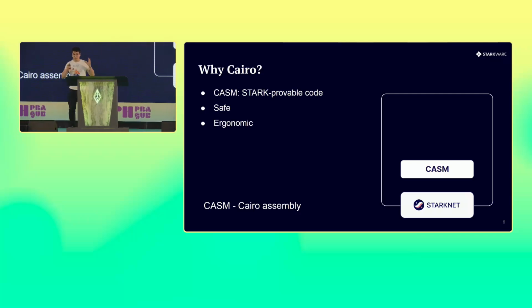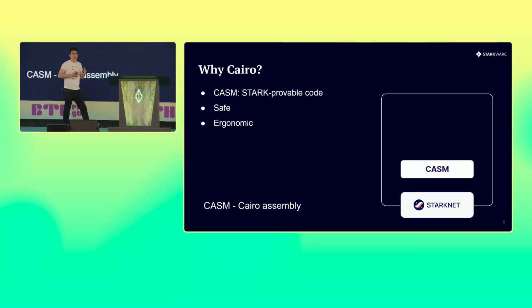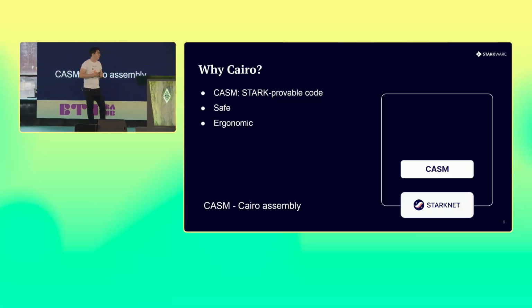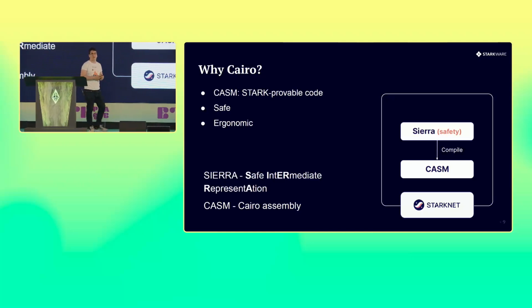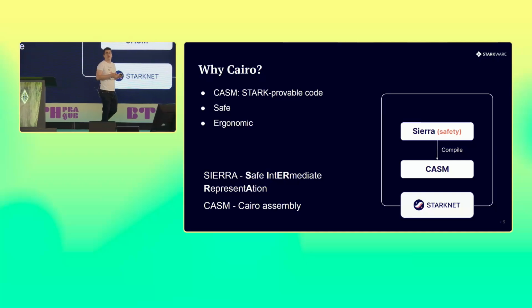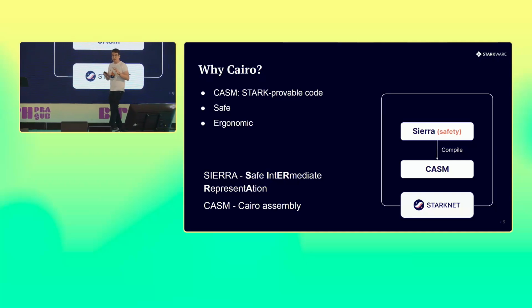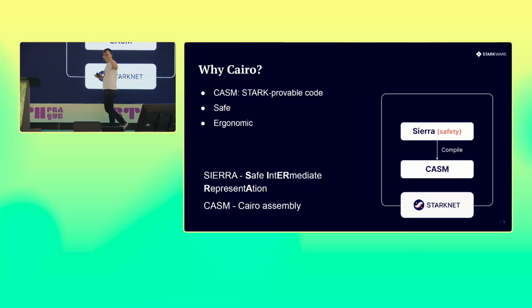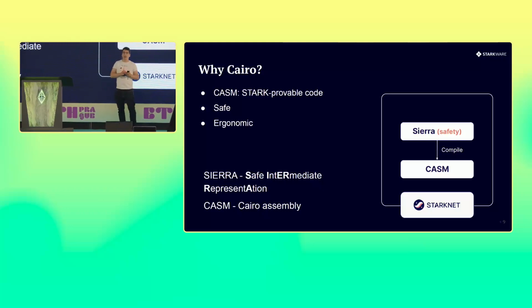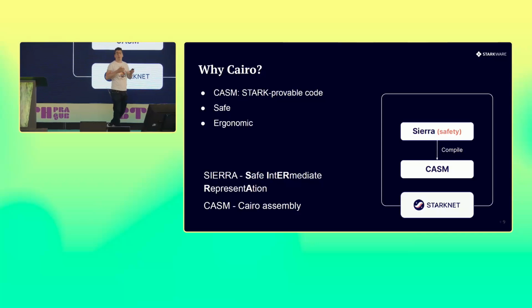I'll start with the safe part. How do we make a language safe? So we introduced another layer above Casm, which we call Sierra, which is a safe intermediate representation. Sierra is more similar to high-level languages, but it's not. And about Sierra, we can prove a lot of stuff.